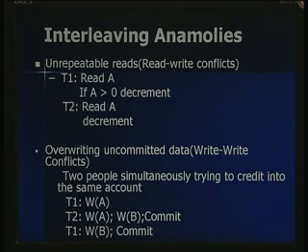T2 is also reading A and decrementing the value of A. When T1 and T2 operate concurrently, T1 is reading the data item whereas T2 is writing onto it. This is what we mean by a read-write conflict on the data item A.